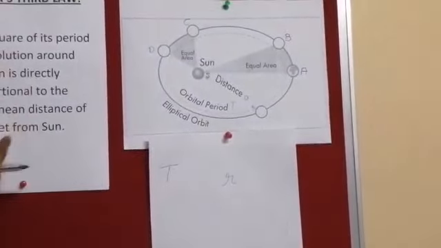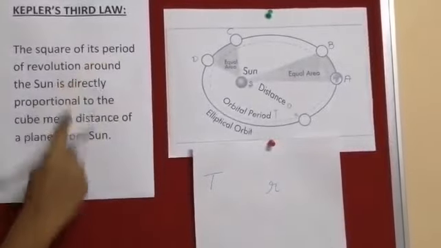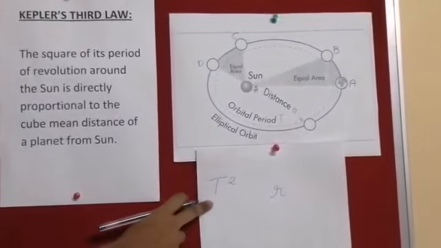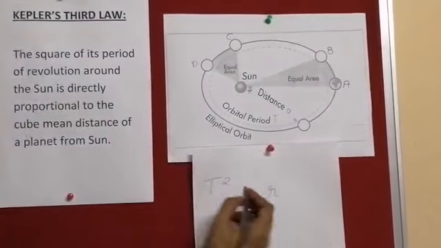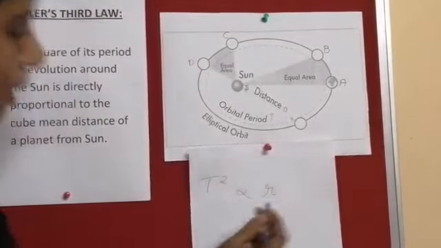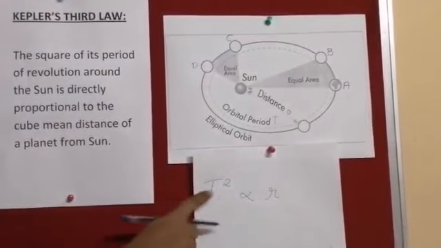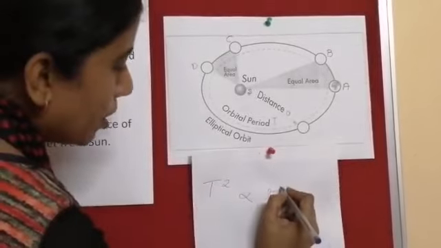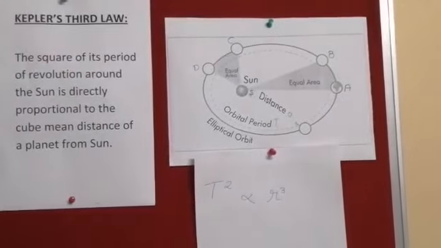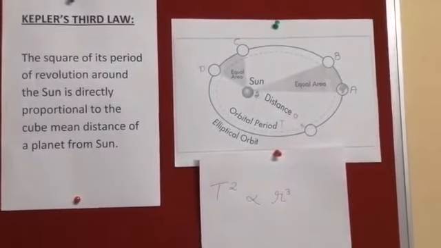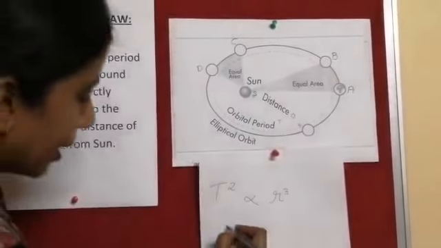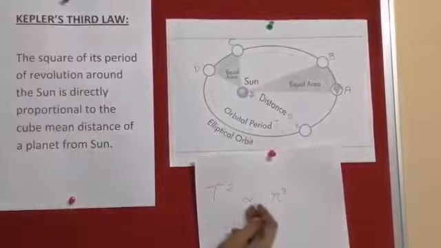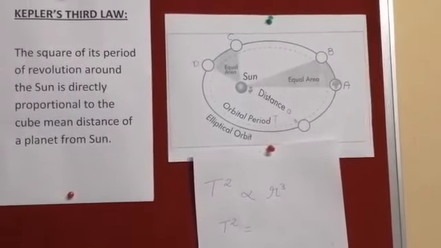Now what does the law say? The square of its period of revolution. So it means T squared, the square of the period of revolution, is directly proportional to the cube of the mean distance of the planet from the sun. Now I will remove the proportionality sign, and when we remove it, we have to put a constant value.